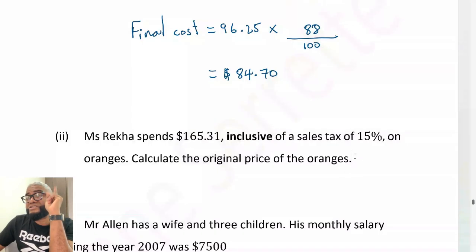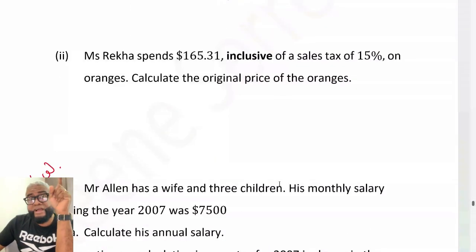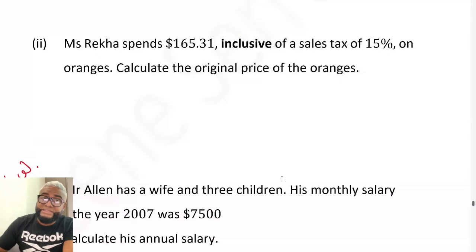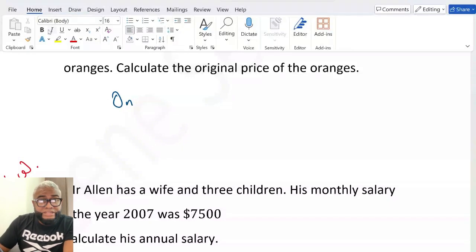So this already includes 15%. So I'm going to give you a formula to deal with a figure that already includes the percent. This is the original cost. I could work it out in one go, right?